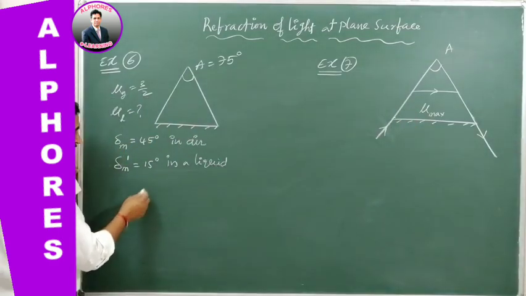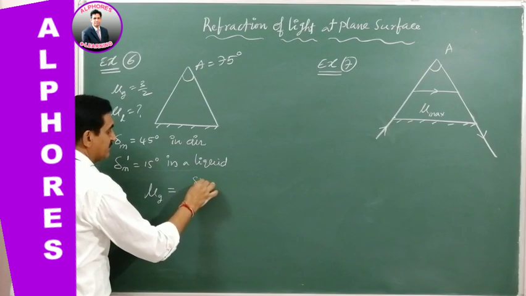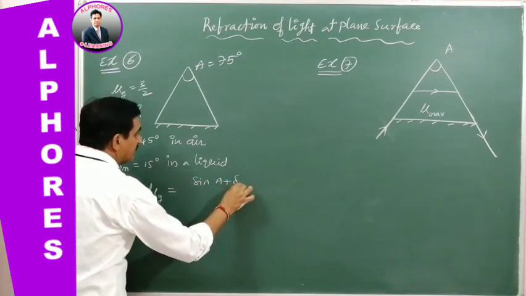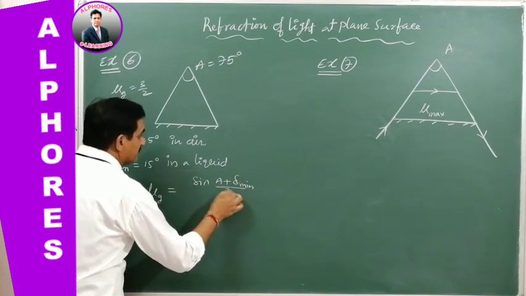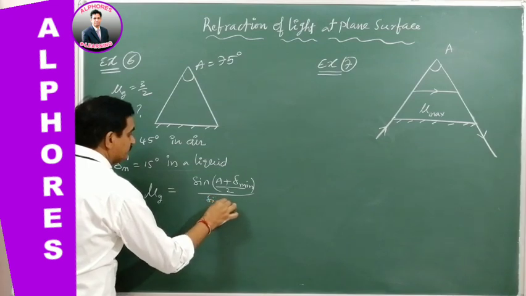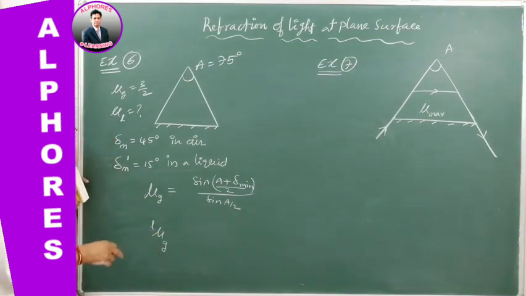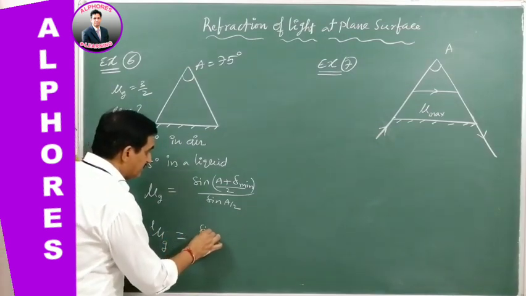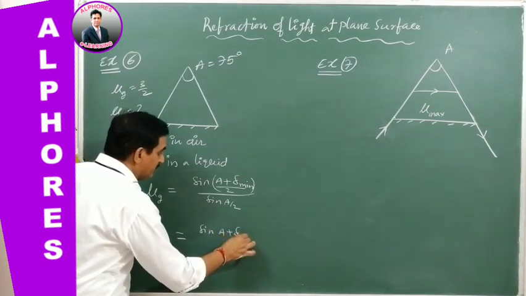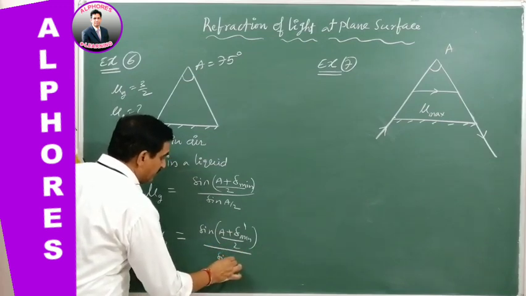So let us go for the formula. Mu glass with respect to air is equal to sine of (A plus delta minimum) by 2 by sine A by 2. Again, mu glass with respect to liquid after submerging the prism in the liquid, that is the relative refractive index, is sine of (A plus delta minimum dash) by 2 by sine A by 2.